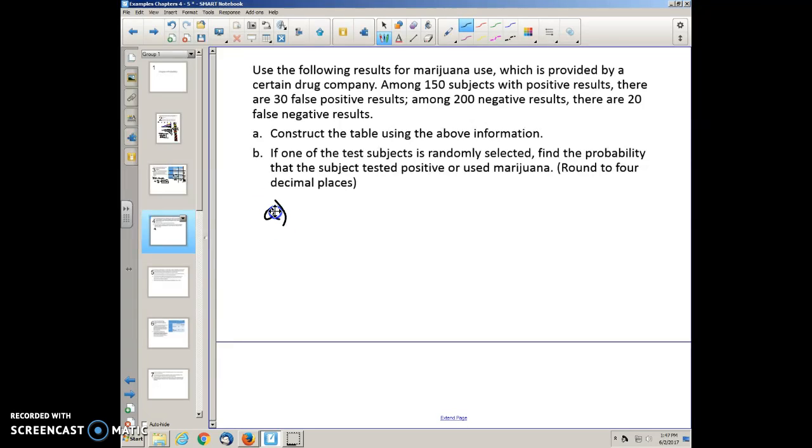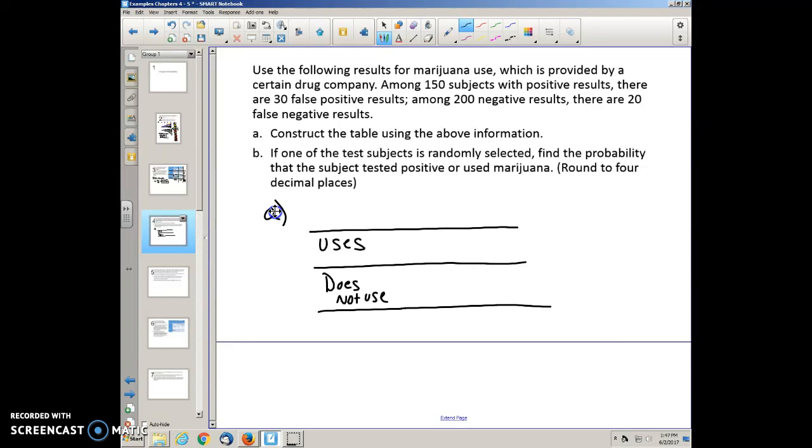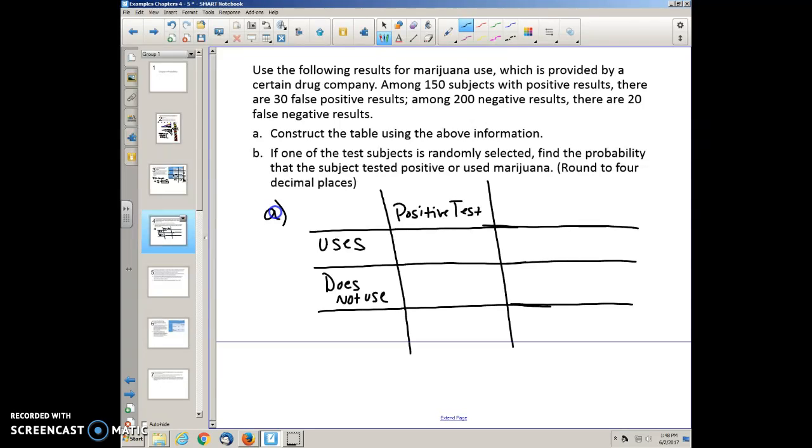So we need to construct a table, and what we'll do is we'll have uses the drug and then does not use. Then over here, we'll have positive test and negative test.